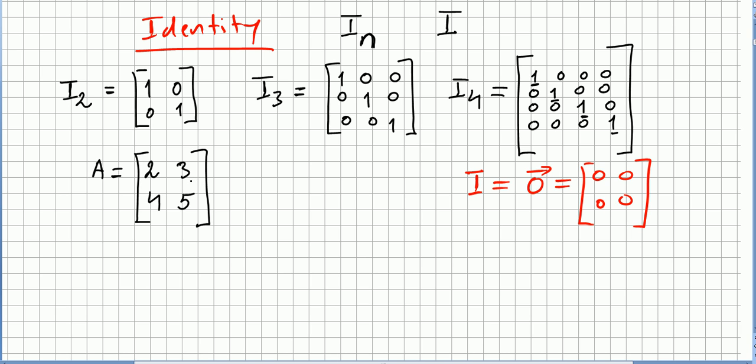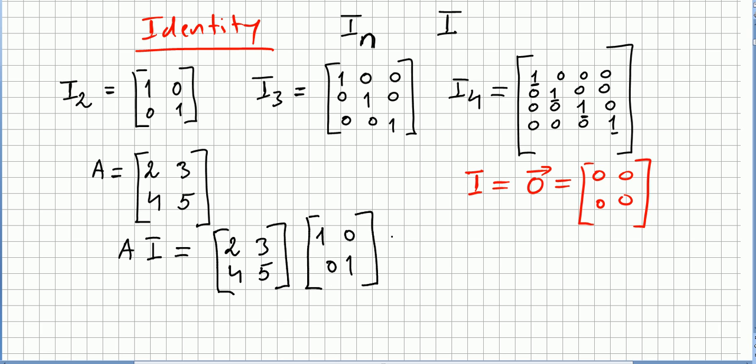So if you have a matrix A, 2 3 4 5, and you want A times the identity, that will be 2 3 4 5 times, since this is a 2 by 2, 1 0 0 1.